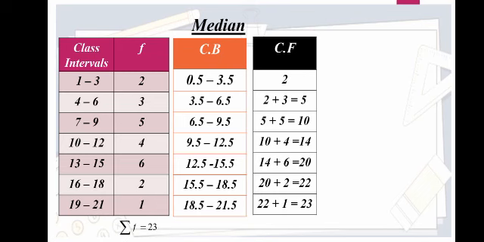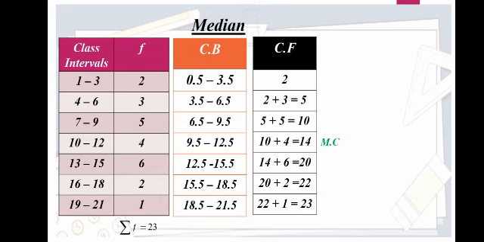The cumulative frequency of the third row is 10, it is not lying in this row because 11.5 is greater than 10. Then the fourth row is 14, which means 11.5 is lying in this row. So this is your median class, represented with m.c.